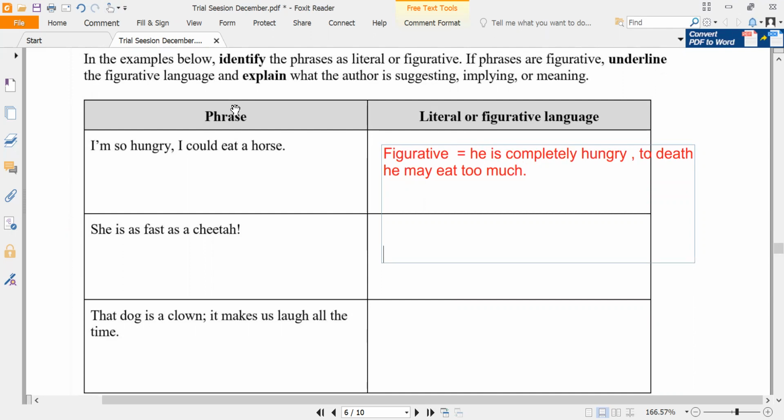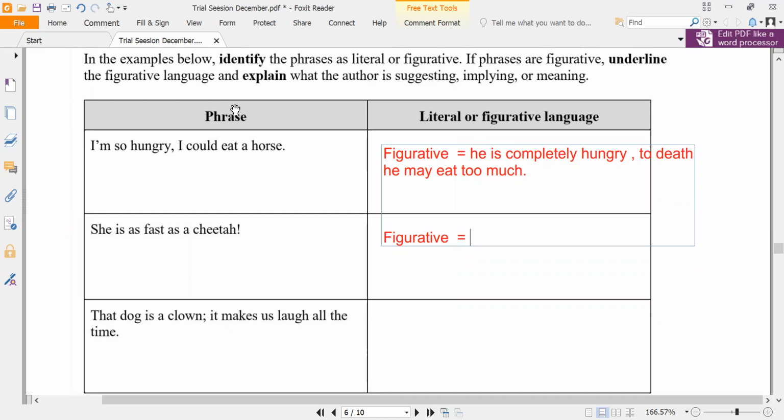Figurative. Perfect. It's figurative. Why? Because he is comparing the girl to the cheetah, and it's not real.